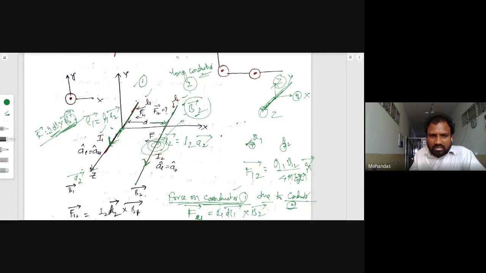At that time, this will be taken as a field point, and the distance between this field point and the source is D. Now tell me, what is the magnetic field intensity due to this conductor? Let me take this conductor separately, here at a distance D.